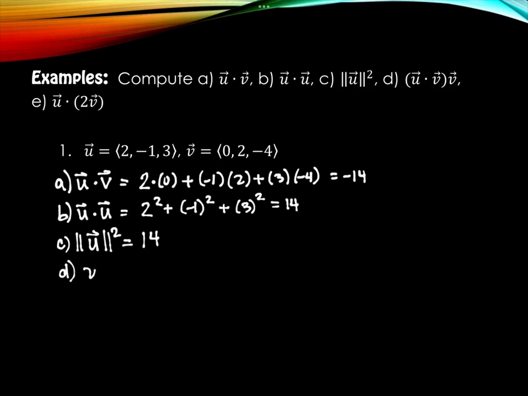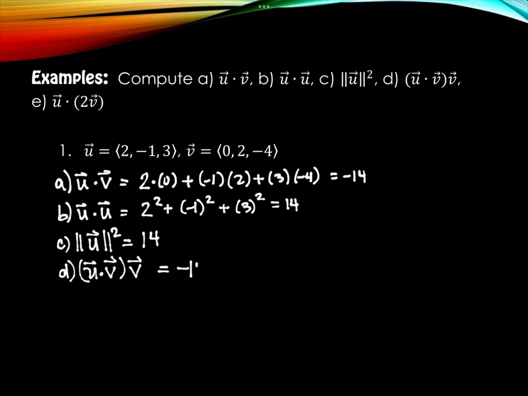D is the vector u dot the vector v, times the vector v. So that looks a little funny. You notice there's not a dot after the parentheses. We know what u dot v is. What is u dot v? Negative 14. Negative 14, we did it above.